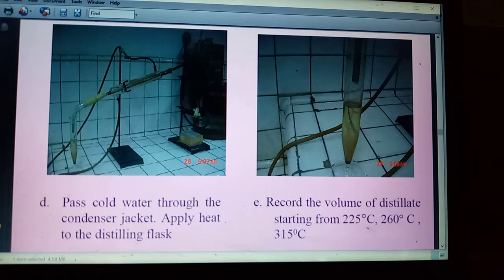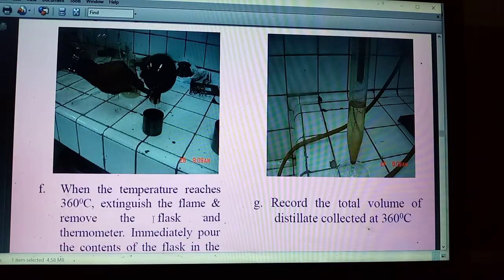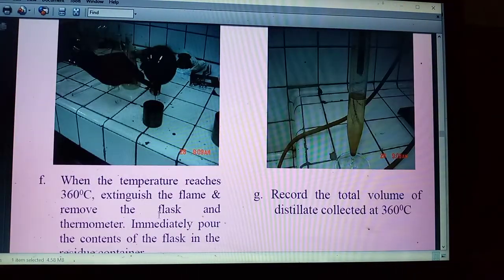Then record the volume of distillate starting from 225 degrees centigrade, 260 degrees centigrade, and 315 degrees centigrade. So, i-measure mo yung volume pag umabot na dito yung temperature, pag umabot na dito yung temperature, at panghuli ito yung temperature. Then, when the temperatures reach 360 degrees, extinguish the flame.